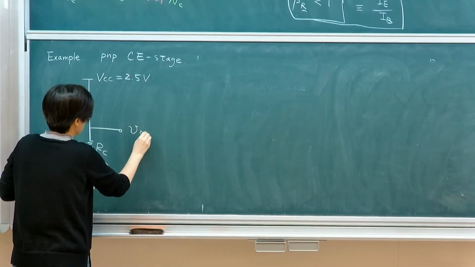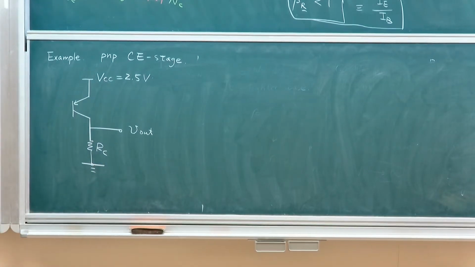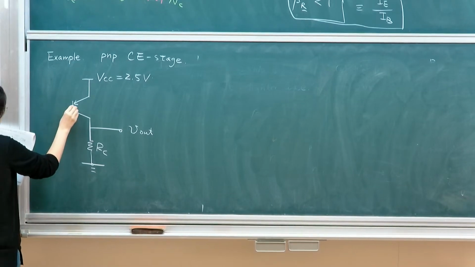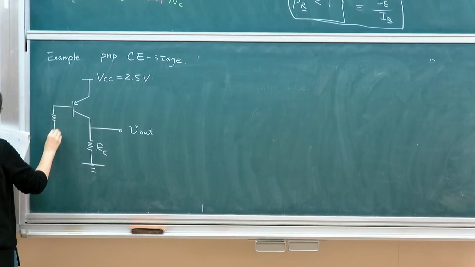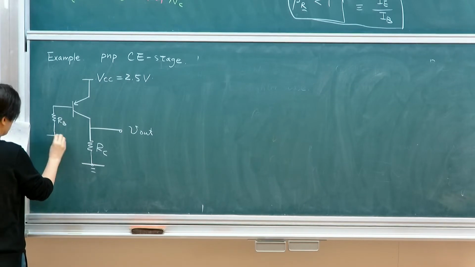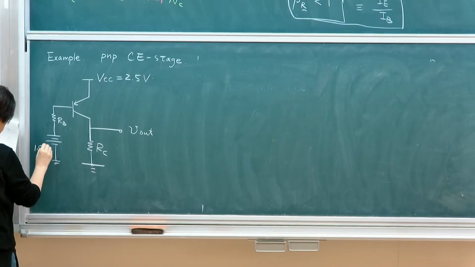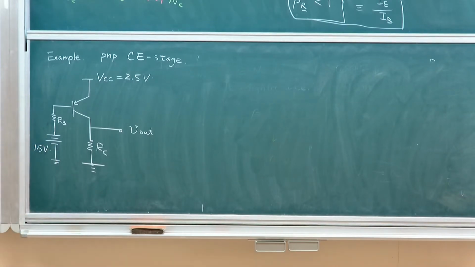And let's say this is the output, connected to ground. If I'm using a PNP transistor, this is connected to a resistance and then a fixed bias of 1.5 V.